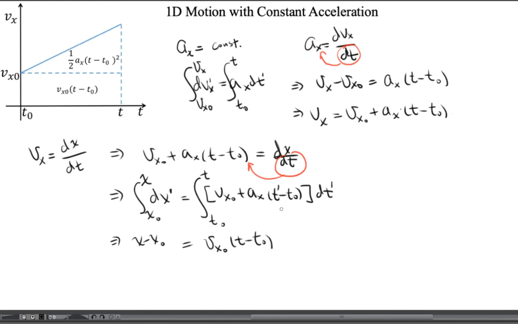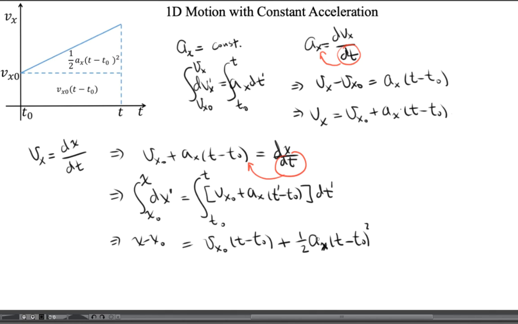And the second term has a linear t prime term. The integration of this linear term gives us a quadratic, and remember, we have a factor 1/2 here because we raise the order to 2. So we get t minus t naught squared. Here I already substituted in the integration bounds.